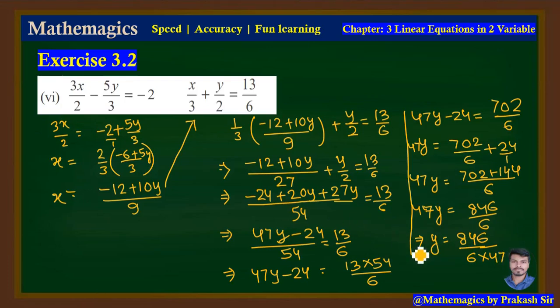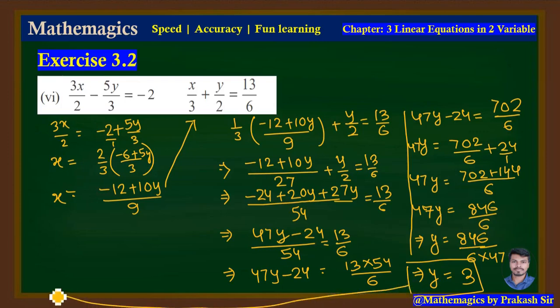So if we calculate, finally we will get the value of y is equal to 3. So finally we got the value of the y after a calculation. This value we are going to put once again in the first equation here, so we will obtain the value of the x.